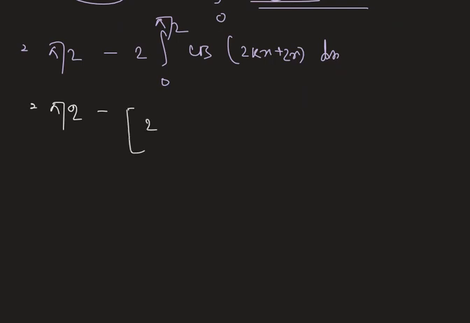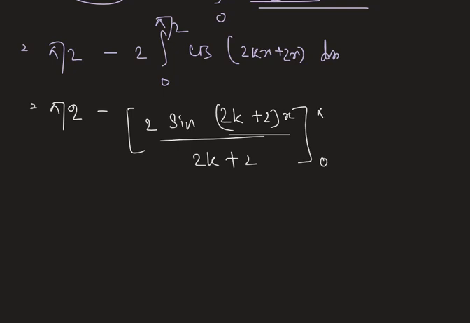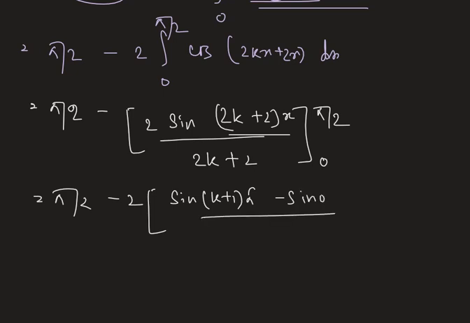Hence, this results in 2 sine ((2k plus 2)x) divided by (2k plus 2), from 0 to pi by 2, and it equals pi by 2 minus 2 into (sine (k plus 1)pi minus sine 0) divided by (2k plus 2), and this results in pi by 2.